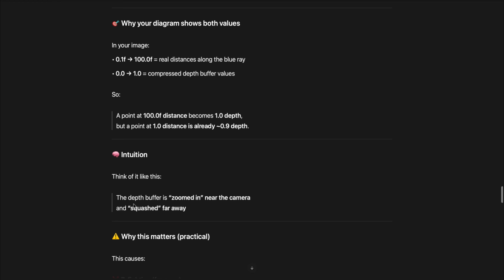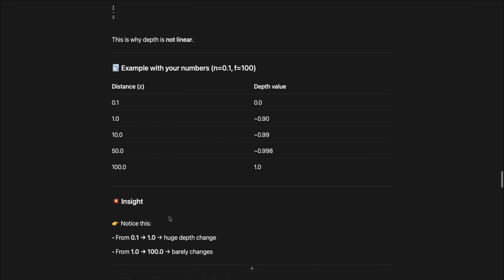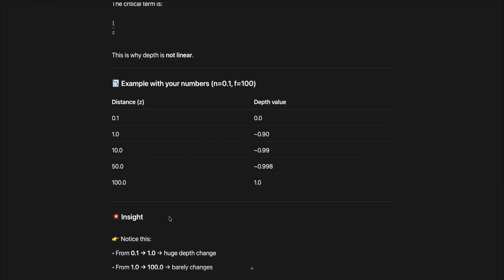The depth buffer is zoomed in near the camera and squashed farther away. So from 10 to 100, we really don't care what's going on out here because that's farther away from the camera.